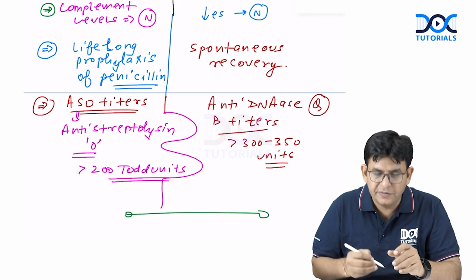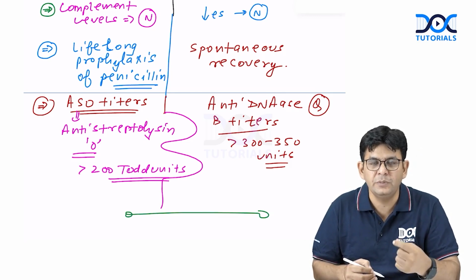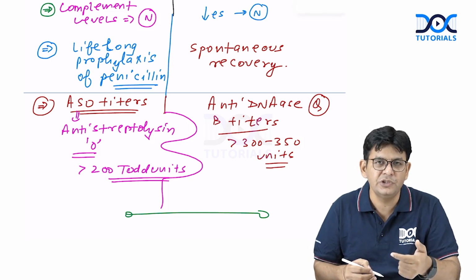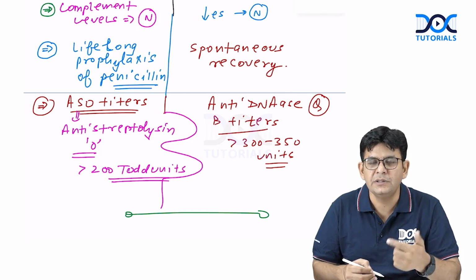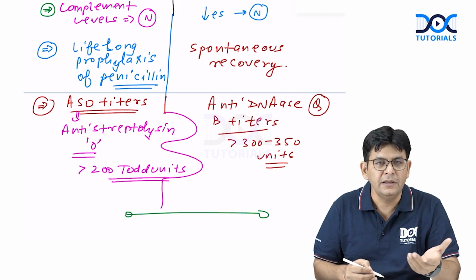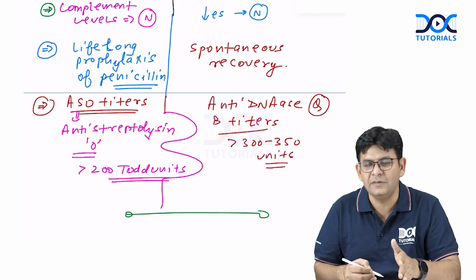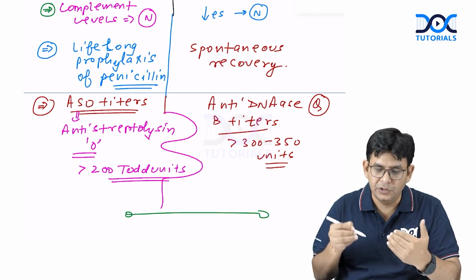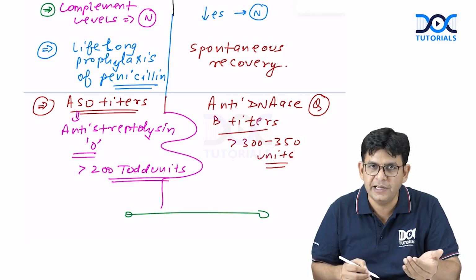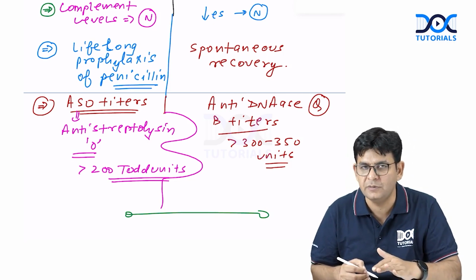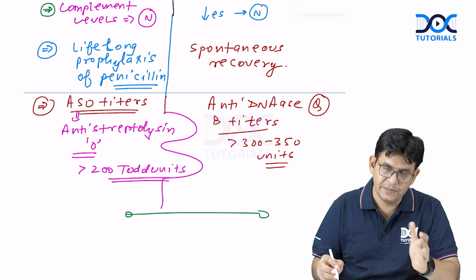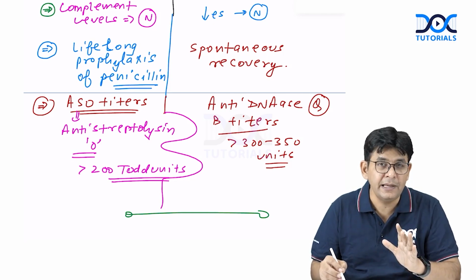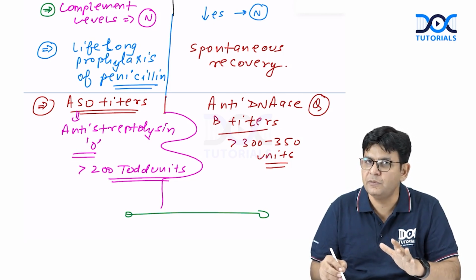So remember, these are the differences between ARF and AGN, which are frequently asked even in second year. This is a favorite question of examiners: in which the complement level increases, in which it decreases, in which it remains normal. What is the history, in which lifelong prophylaxis is there, which has recovery. I suppose by these differences you can easily make out which one is which.